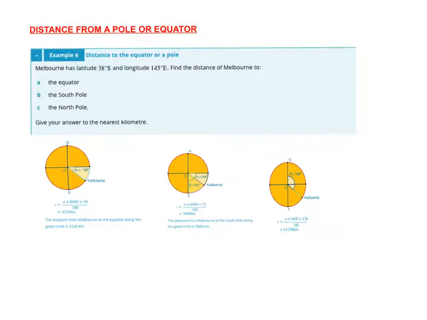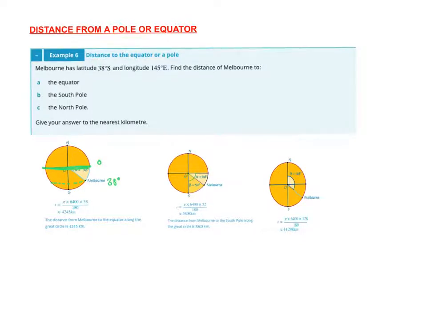Here they're talking about some questions on the distance from the equator. Melbourne has a latitude of 30 degrees south and a longitude of 145 degrees east. Find the distance of Melbourne to the equator. When they say here's the equator, which is 0, Melbourne's down here on this latitude, which is 38 degrees.